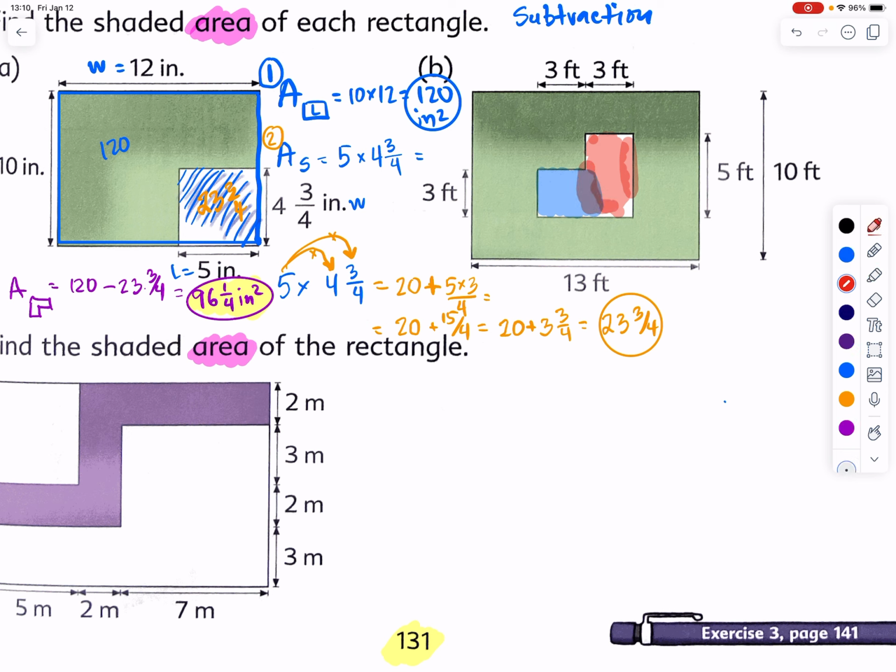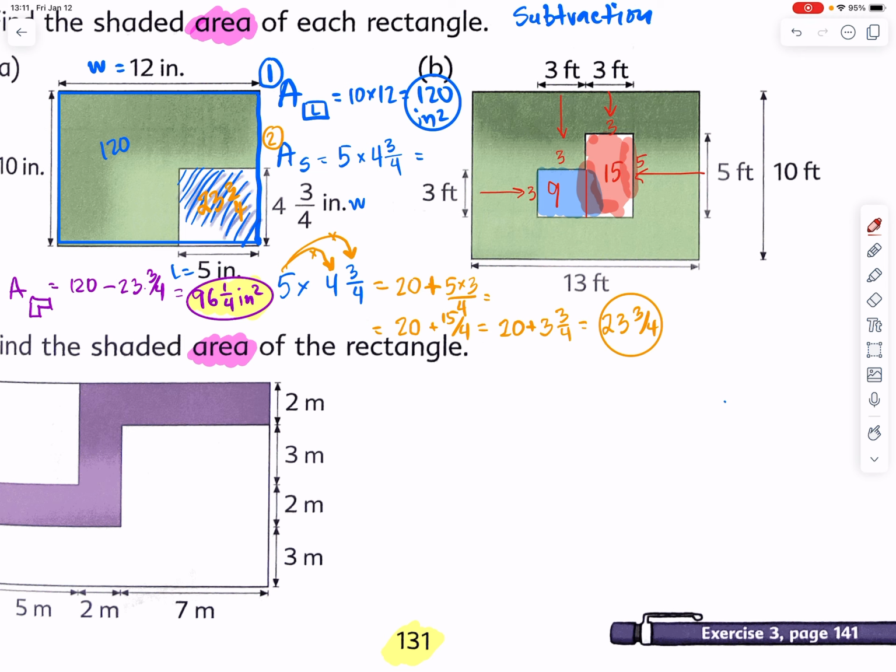Let's find the area of the cutout, the piece that's inside. Well, we do have a length of 3. It came from here. We have a width of 3, came from here. Therefore, this is 9 square feet. And the red rectangle is 3, that is from over here, by 5, as we can see, and that is 15.